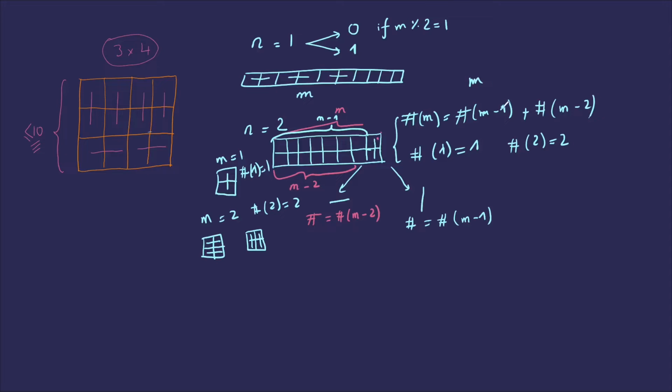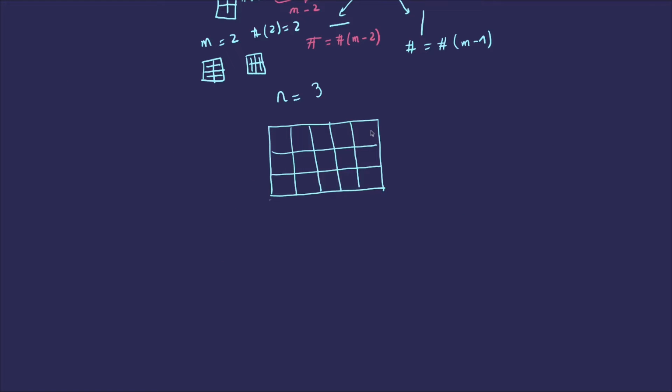Great, so now you might be asking yourself if we can manage to find recurrence relations like this for larger values of n, for example for n equal to 3. So we will proceed in the same manner. Let's consider the tile right here. We can put a horizontal piece right there. So that's a possibility.